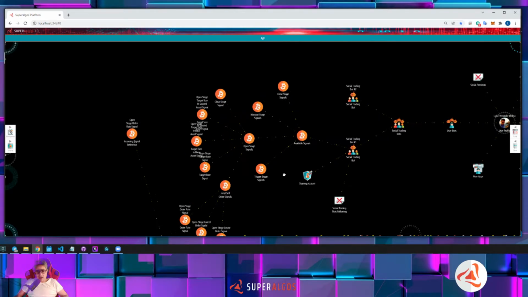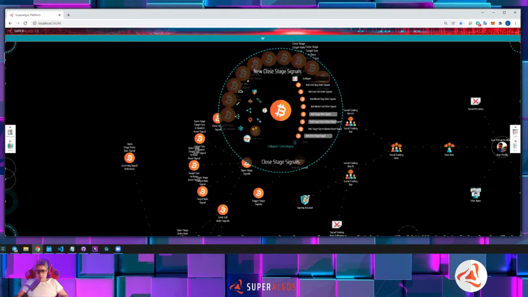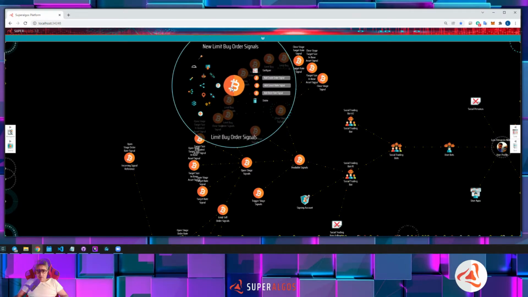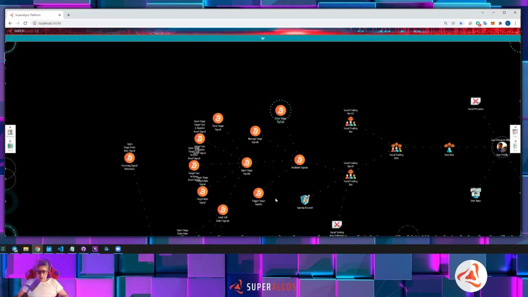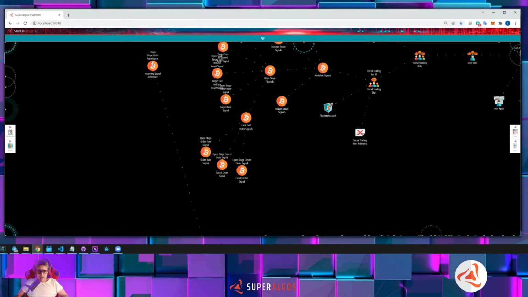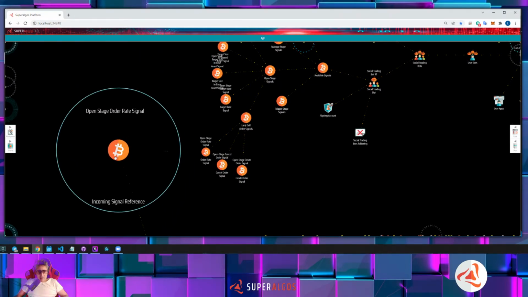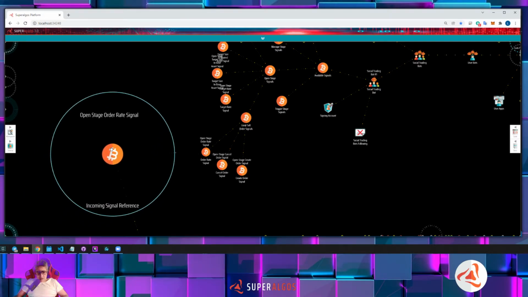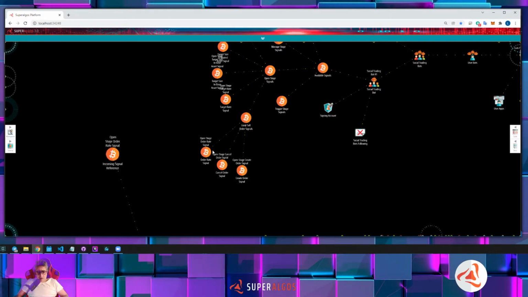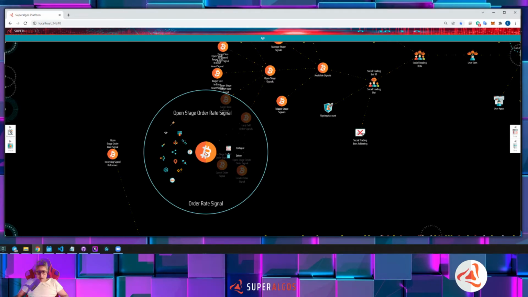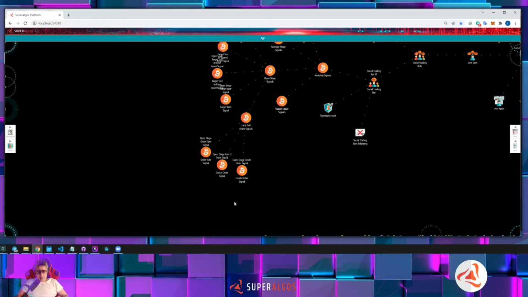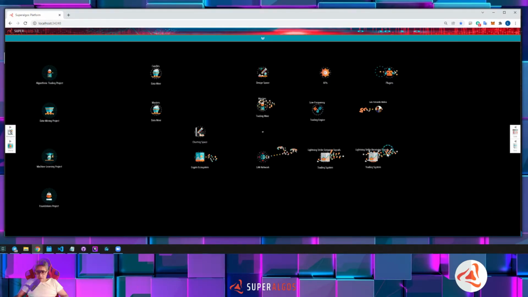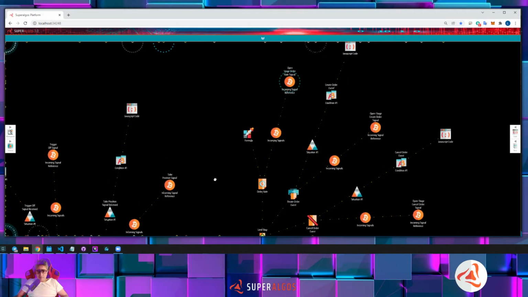In fact, at the close stage, there are already a lot of limit buy orders. All of these are the limit buy orders. So each order has, in my setup, an individual signal. In particular, this one is linked here with this guy, open stage rate signal. Okay, so it's 100% individualized, which is cool.